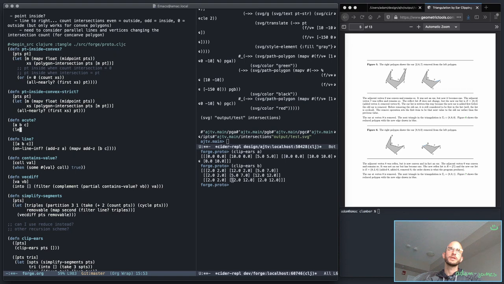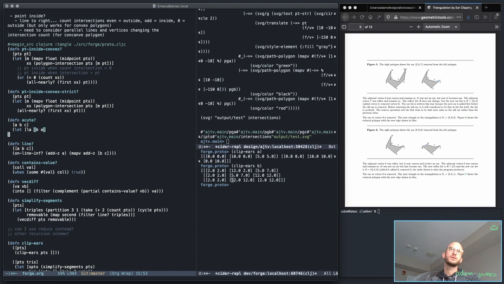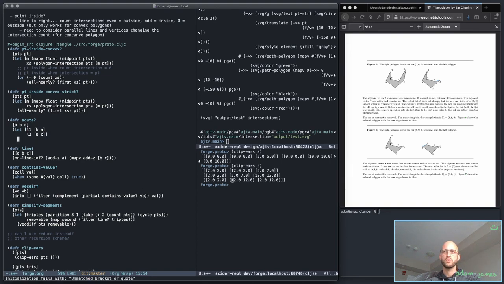So let's say line A goes from B to A, and line B, L1, L2 instead goes from B to C. So B is the point that you care about. Yeah, that's fine for now.